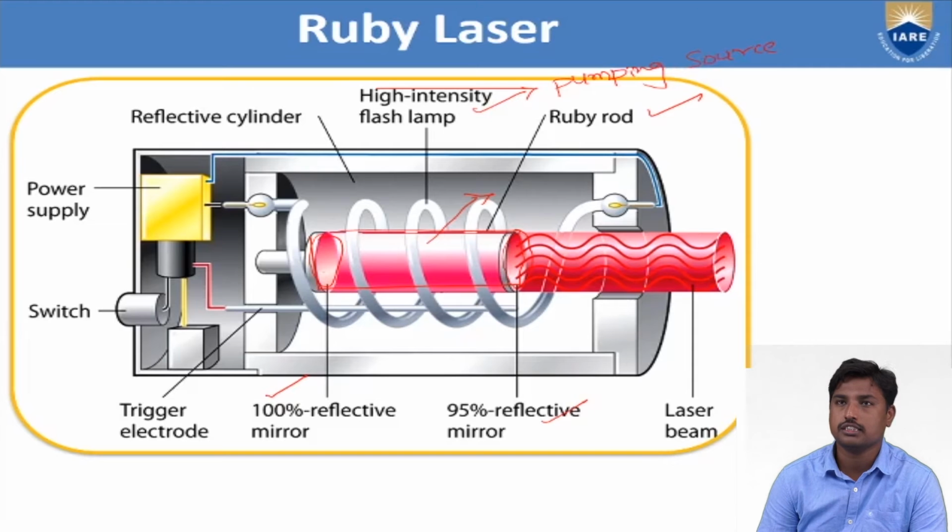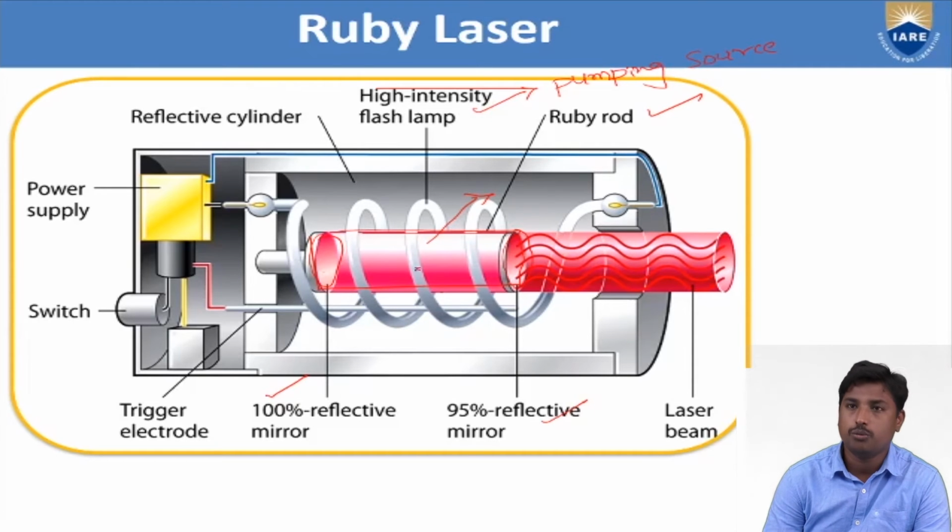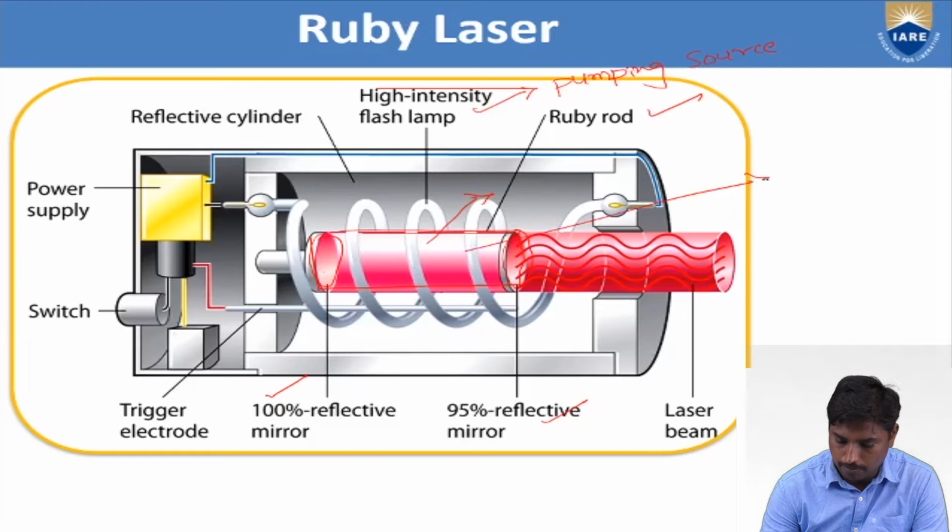This is about the construction of the ruby laser. In the construction, we take a ruby crystal. The ruby crystal contains Al2O3, aluminum oxide.